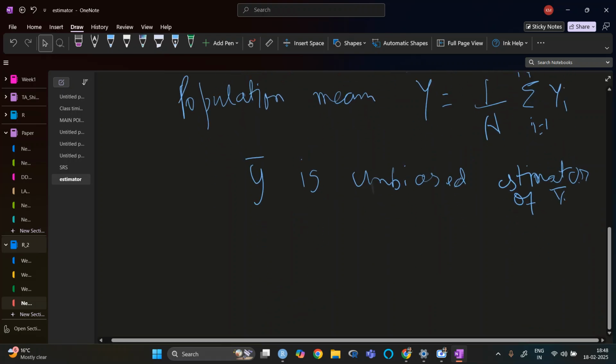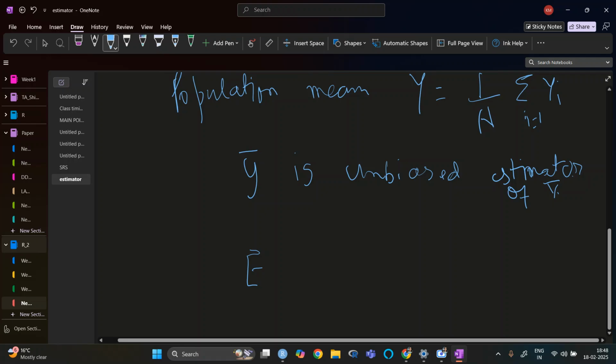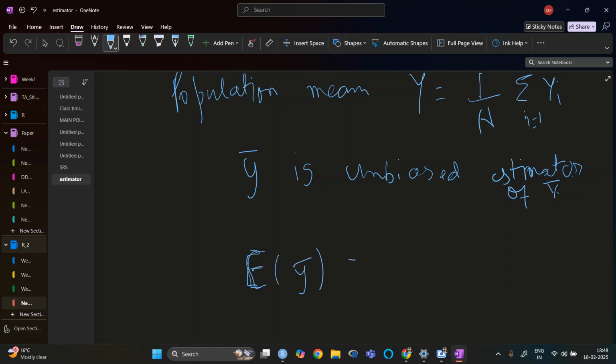What it means is that if I take the expectation of y bar, then it will be capital Y bar.